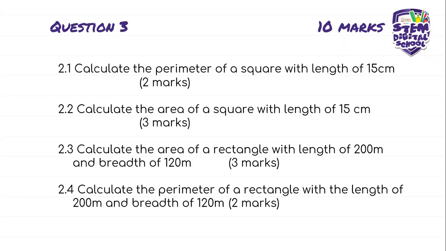How are we going to find the perimeter? Let's find the perimeter. We have to find now the perimeter of the shape. Remember that the perimeter is the distance around the edge of the shape.